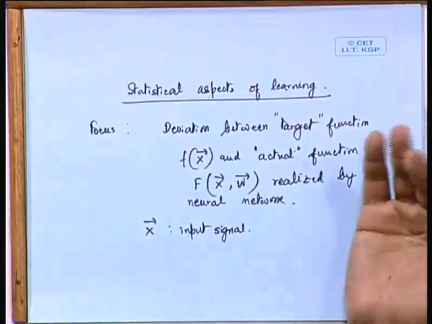Followed? So, again I repeat: x vector is the input signal, f of x vector is the target function, which you can describe mathematically, but you are realizing the target function or a very close approximation to it by working through a neural network, where the neural network does a mapping from this x vector to the output.